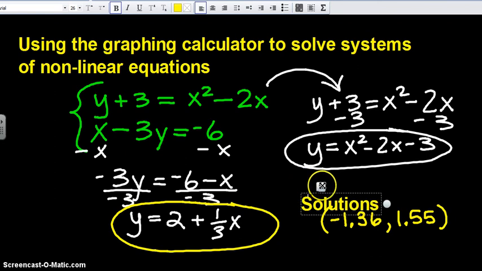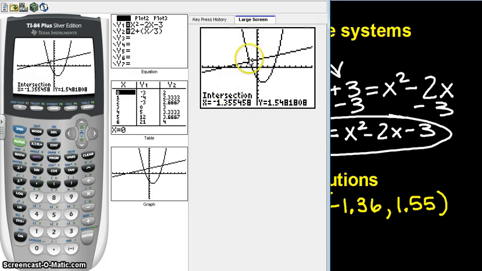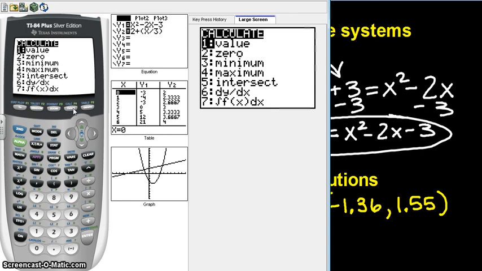Notice I typed plural solutions because looking at my graph, there's another place where my parabola and my line intersect. It's right over here. So I'm going to go back through the exact same process to find this point. That process consists of doing Second, then Trace or Calc, and the fifth option on the menu.